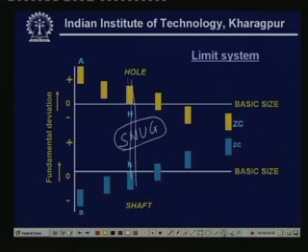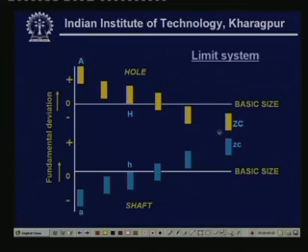Similarly, if we go higher and higher along this line, you can see the fits are becoming tight. That means, in this limit system, the fit you will be getting in the pair of machine elements will be of the nature of a tight fit, what we call an interference fit, etc. Now, of course, this is just an idea.